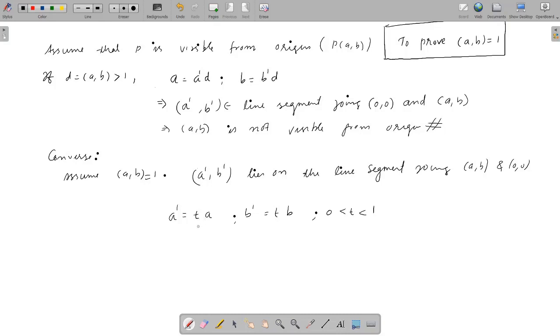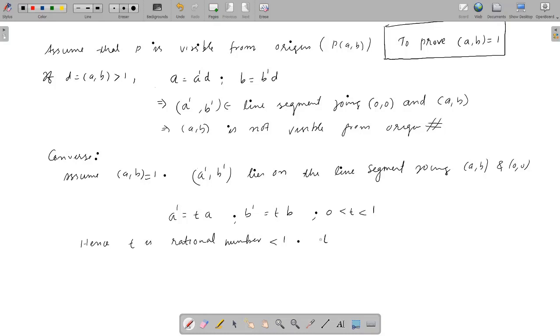Because T can be written as A prime divided by A, and also T is equal to B prime divided by B. From one of these equations you can say that T is a rational number, which is less than 1.